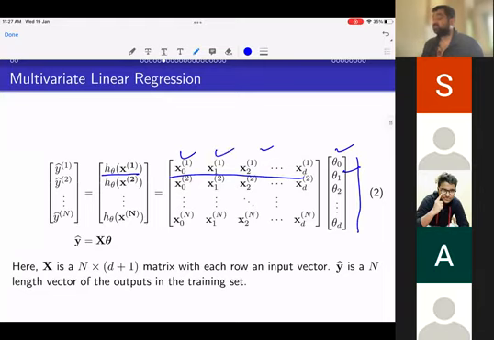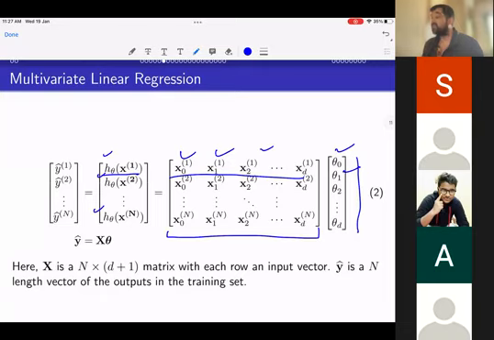So we can write these n predicted values in a vector in this form: h theta x1, h theta x2, up to h theta xn, and the corresponding right hand side will be a matrix vector product.